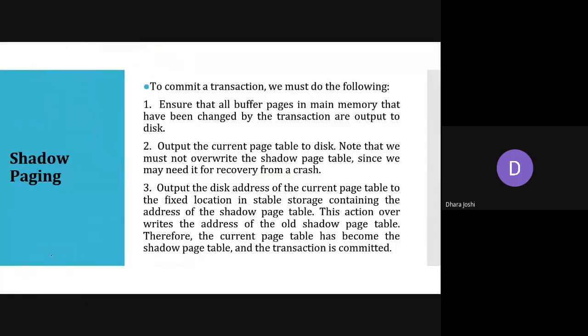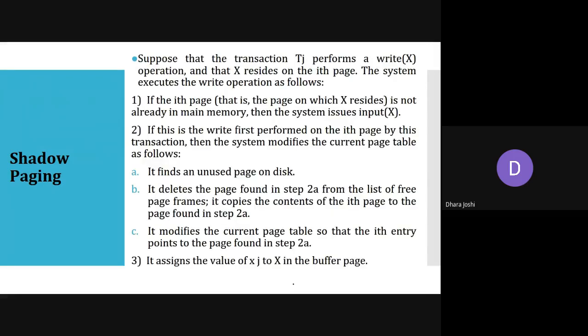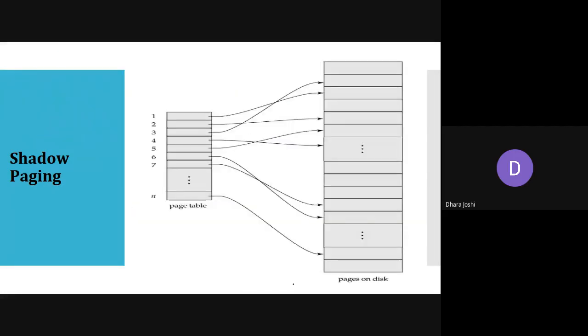Whenever a question on shadow page table is asked in GTU, you need to draw both of these figures. This is the second figure, where the shadow page table and current page table are both dealing with the disk. And the first one is the page table, which points towards the disk.